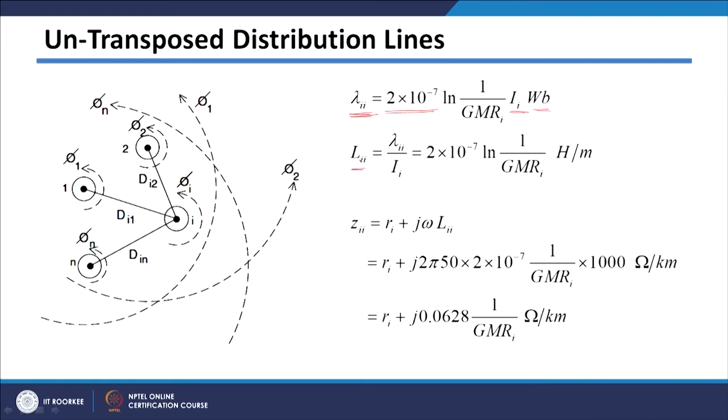If you calculate inductance, you know that flux linkages divided by current will give me inductance, so if you divide this formula by current Ii, you will get this equation, that is 2 into 10 raised to minus 7 natural log of 1 divided by GMRi, and this will give me self inductance of that conductor. Then you can easily calculate the self impedance of that conductor by the same formula. Here also we will get the same constant, that is 0.0628 natural log of 1 divided by GMRi. Self impedance of the conductor will be given by this formula.